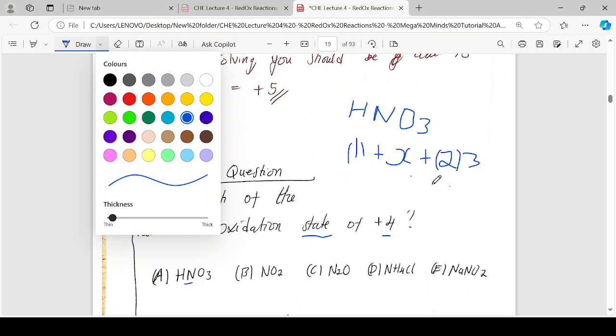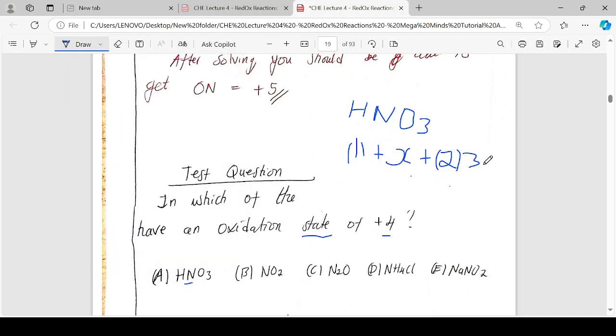Yeah, I'm sure you get this. So we're going to have 1 plus x plus 6. -2 times 3 is -6. So everything is equal to 0.